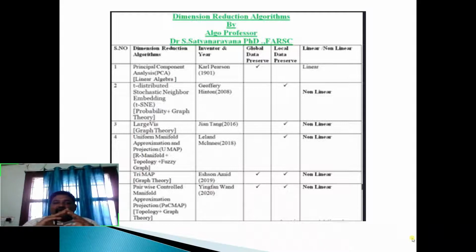The basic idea of every algorithm is going from higher dimensional to lower dimension, and we can also find data preservation. That data preservation can focus on global or local. Principal component analysis mainly focuses on a linear algebra model. What is the importance of linear algebra in machine learning?